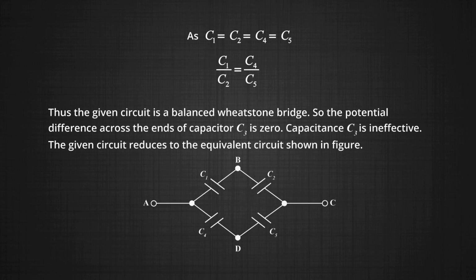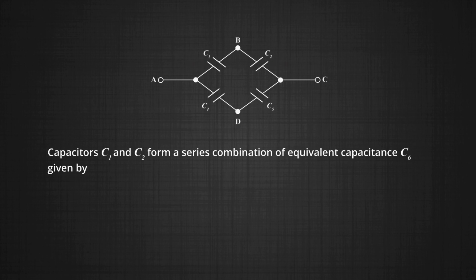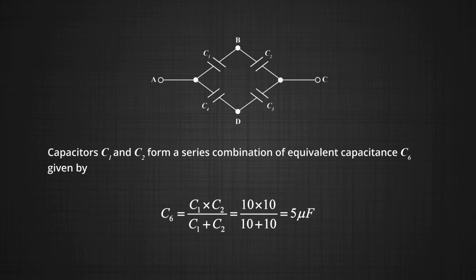So, the potential difference across the ends of the capacitor C3 is 0. Capacitance C3 is ineffective. The given circuit reduces to the equivalent circuit shown in the figure. Like you have between the points A and B, 4 capacitors because C3 is ineffective. Capacitors C1 and C2 form a series combination of equivalent capacitance C6 given by C6 is equal to C1 into C2 upon C1 plus C2.